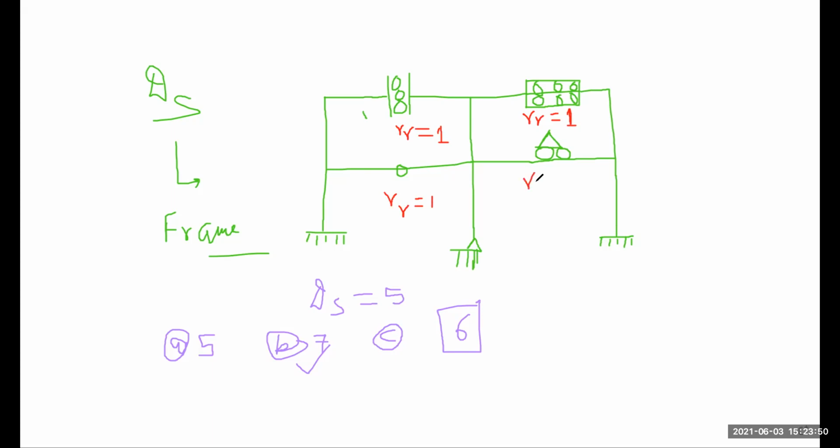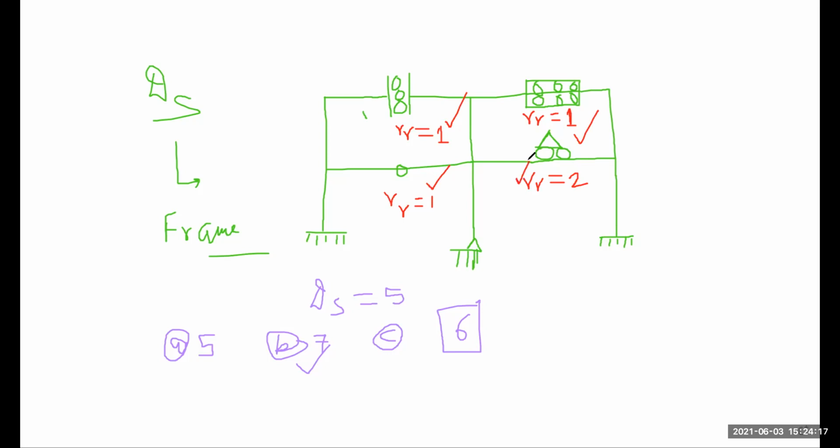Here RR, release reaction, is equal to, here generally in this type of structure, you all remember, two things are released. One is axial force and another is bending moment. So from here two reactions are released. Here only one reaction is released. Here only one reaction is released. Here only one reaction is released.